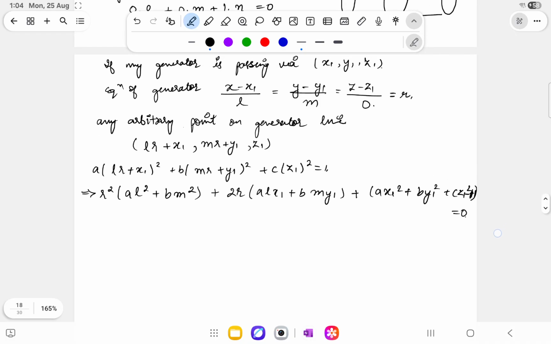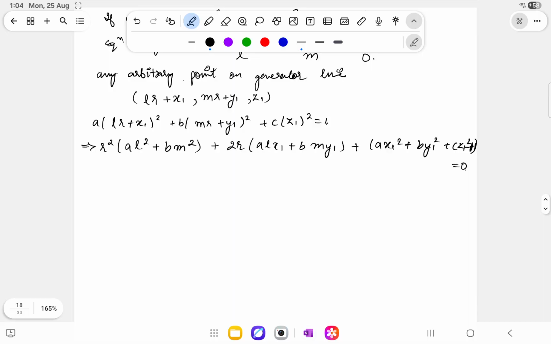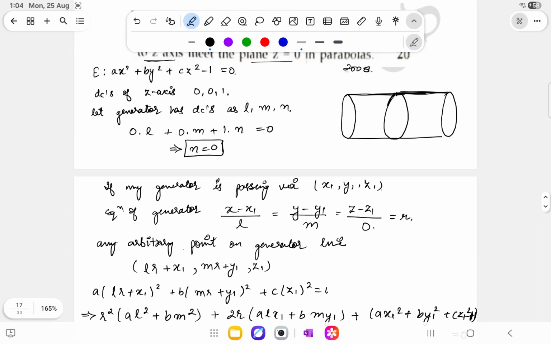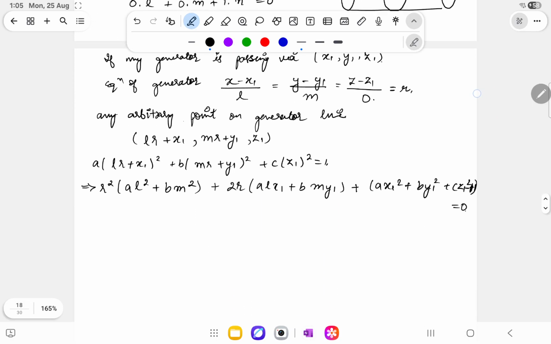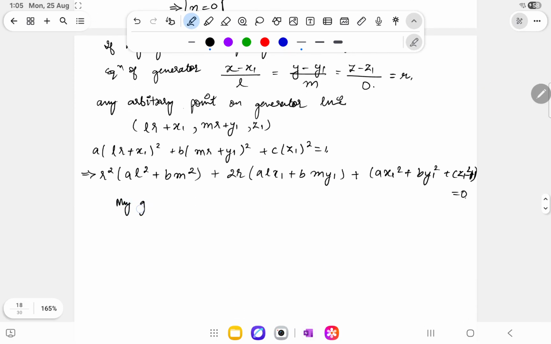From here I can find the value of r for which the generator line touches the ellipsoid. If it touches the ellipsoid, there exists only one root of this quadratic equation in r.